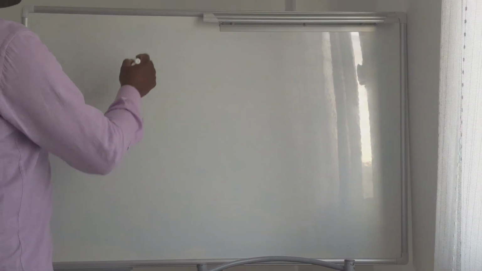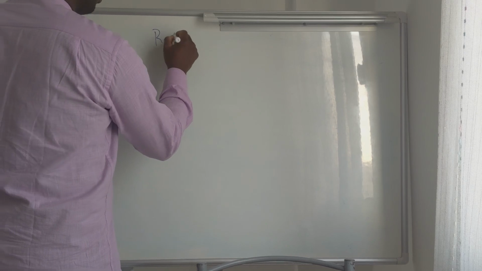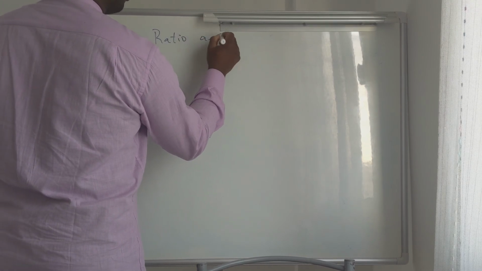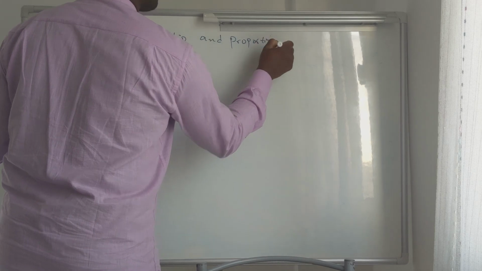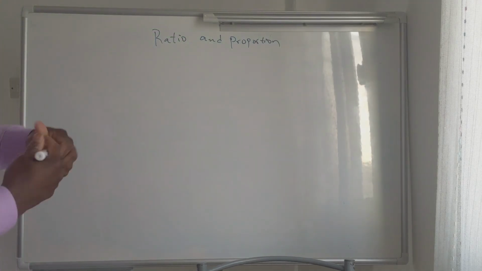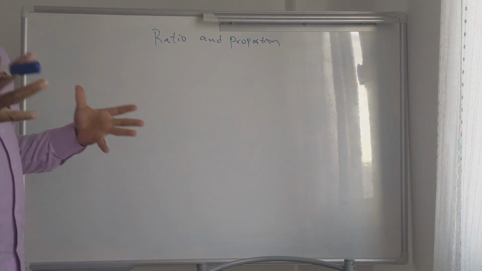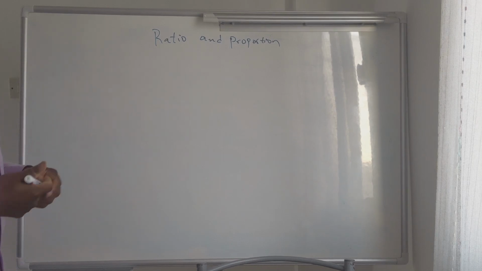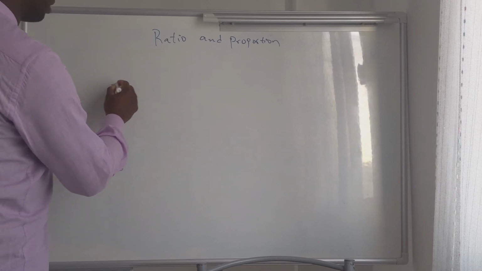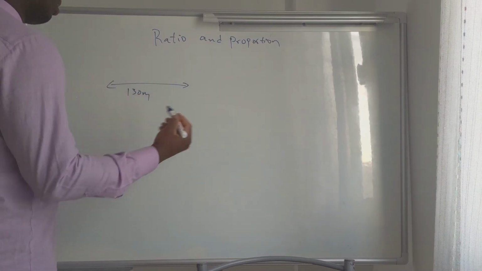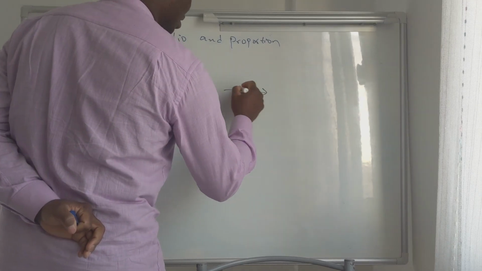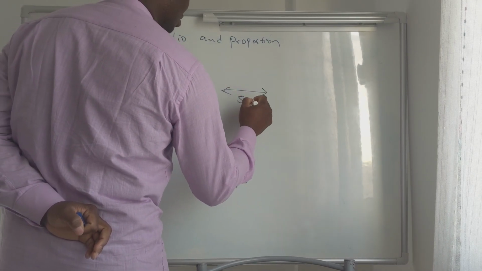So today we're going to be treating ratio and proportion. So ratio is simply the comparison between two similar quantities. So you may have an object, for example, that has a length of 130 meters and another object that has a length of 50 meters.